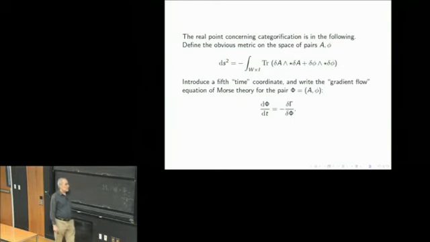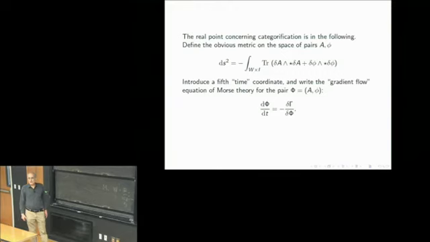If you're given any functional, you can always write an equation like that in one more dimension, but generically nothing good will happen. Specifically, what one would like, and won't happen generically, is for this equation to be an elliptic equation. The first bit of magic in this problem is that the gradient flow equation is actually an elliptic partial differential equation, so it makes sense to count its solutions, just as it made sense in 4 dimensions.